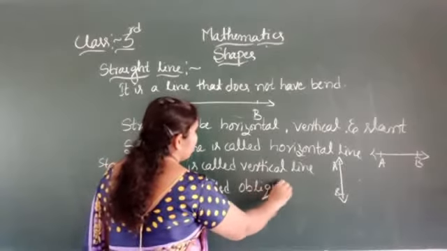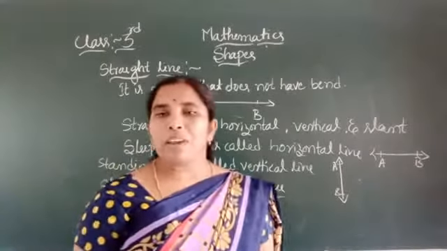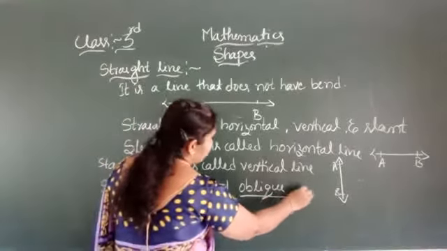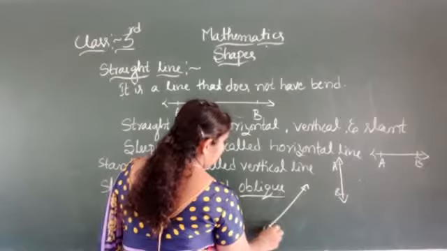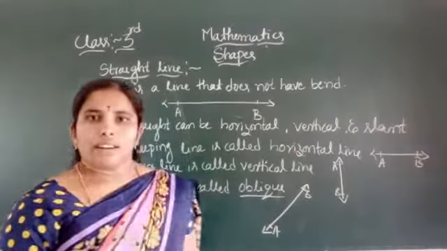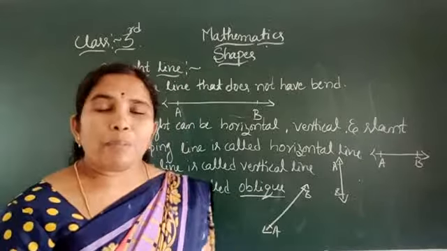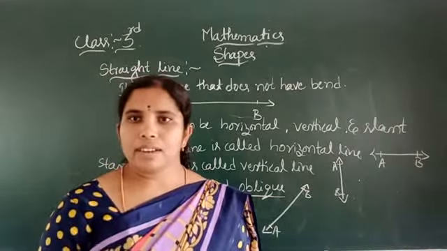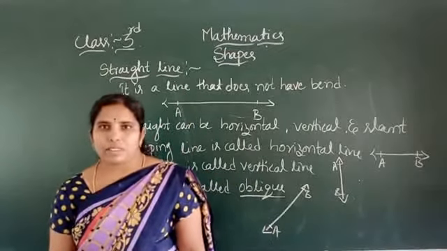Oblique line. How is it? See, it is there like that. A, B. Do you understand? So this slanting line is called oblique line.